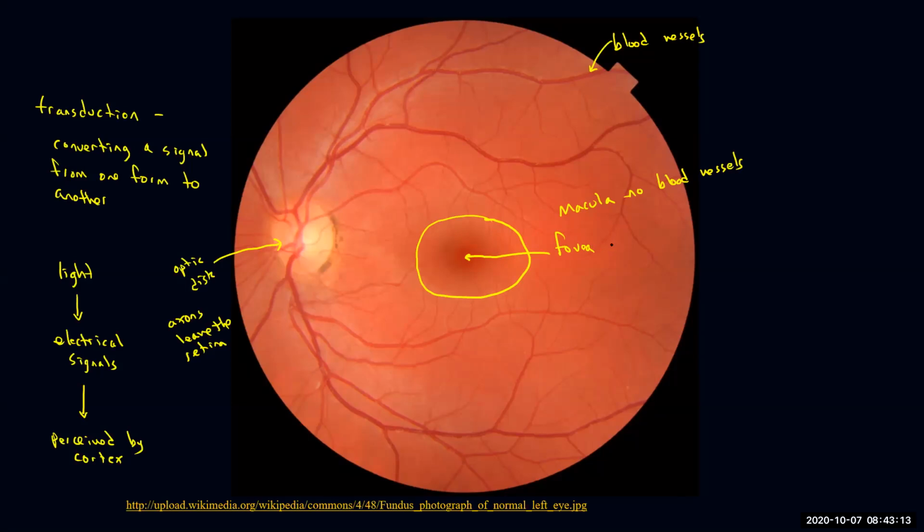The fovea is the center. And this is where we have sort of our best vision. Okay, so the stuff I am going to go over in more detail as we move along. You can actually see the structures in an actual retina.